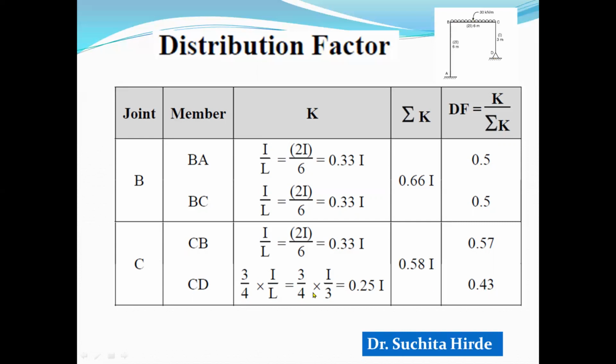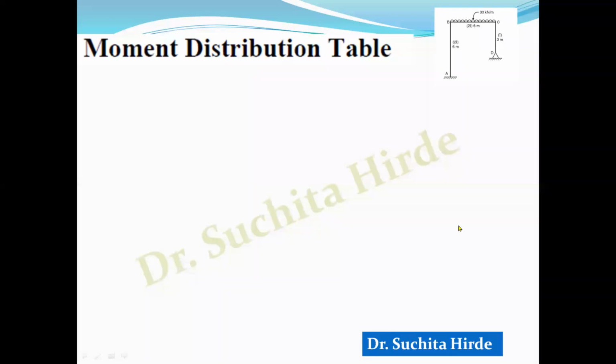At joint C, distribution factor for CB is 0.57 and for CD it is 0.43. Again add these, you must get 1. So the sum of distribution factor at any joint is equal to 1. So this is the second stage.